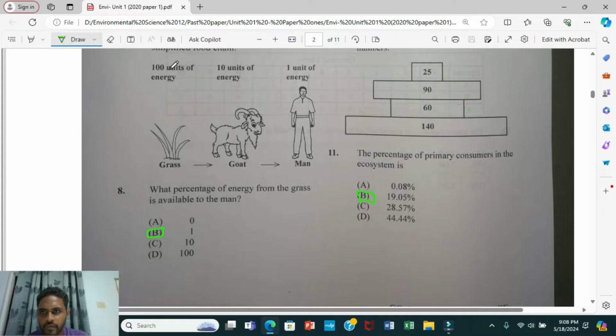So if we started out here with 100 units of energy, 10% of this 100 would be transferred to the goat. And then what we get here, they have 10 here, so 10% of this 10 would be transported to the man.